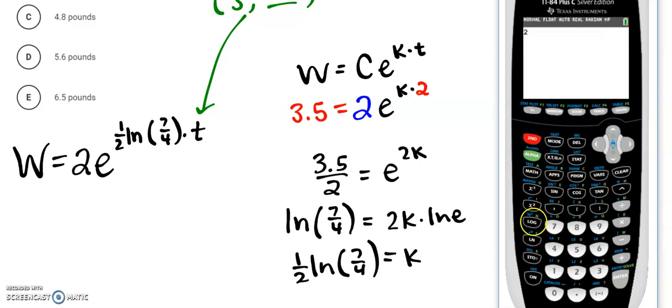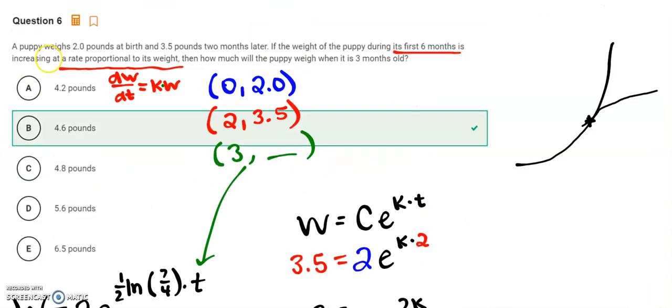We've got 2, not 10. Some people were saying that maybe they had some parenthesis issues on your calculator. Remember, your calculator can store variables if you need it to. And I'll show you how to do that again in just a second. But we've got 1/2 natural log of 7/4 times 3. How big is this puppy at 3 months? 4.63 pounds. So 4.6 is how they've rounded.